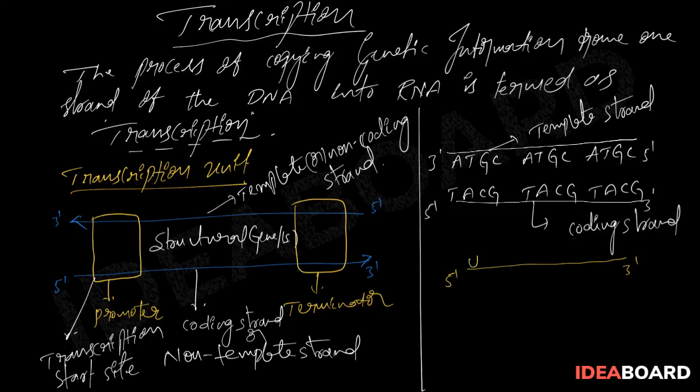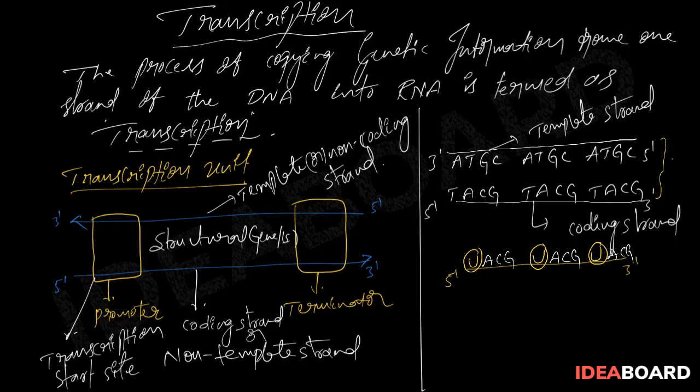So U, and then U. The rest of the positions are the same: A, C, G, again A, C, G, A, C, G. That means UACG, UACG, UACG, except at thymine positions, because in place of thymine, uracil is present in RNA. Even thymine is a modified form of uracil, since DNA evolved from RNA.